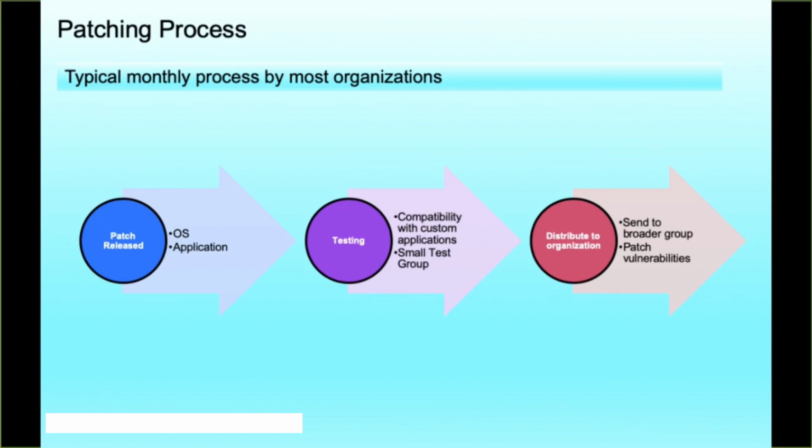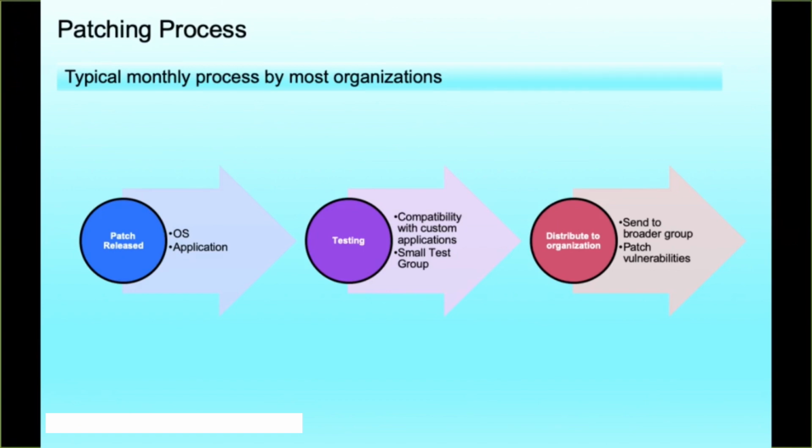And that typically is folks in IT or virtual systems that are considered part of a test. And then they will launch their day-to-day applications, either custom applications or off-the-shelf applications that are needed to run the business, and make sure that there are no compatibility issues with those patches that were released.